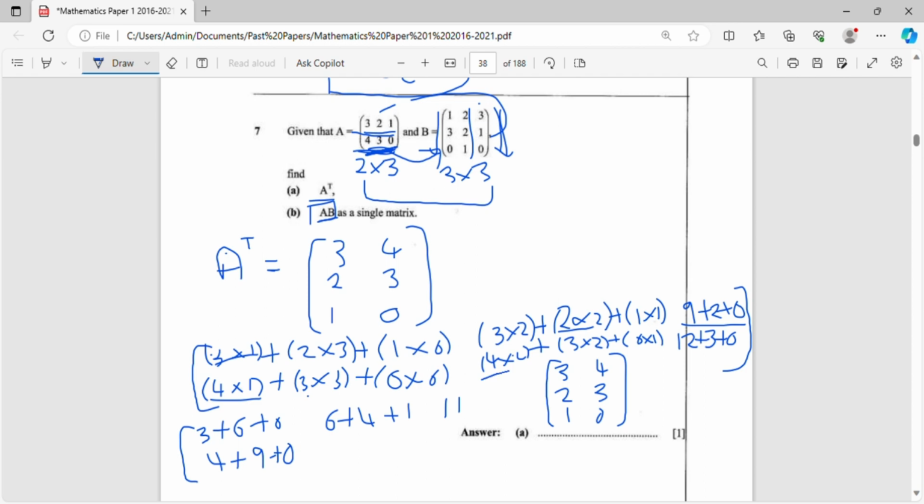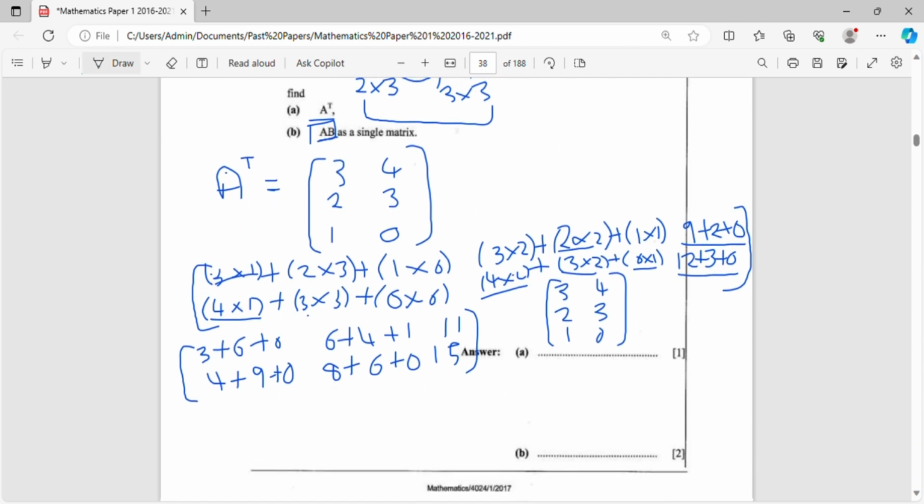So then now 4 by 2 gives us 8, plus 3 by 2 will give us 6, plus 0 by 1 will give us 0. And then here 12 plus 3 plus 0 will give us 15.